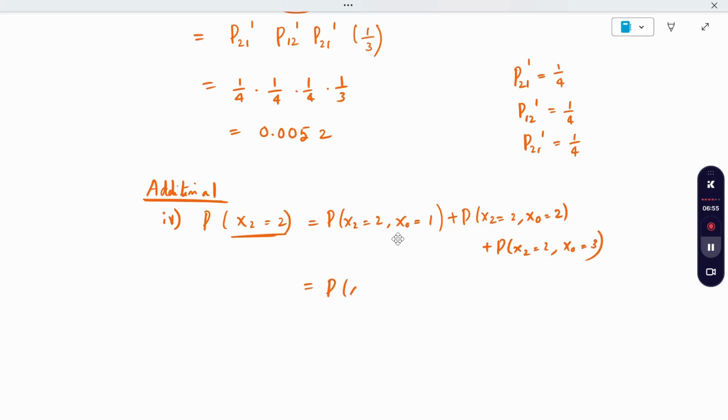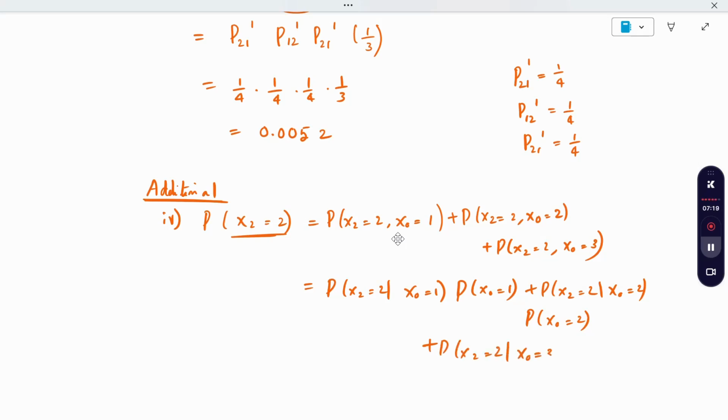So it's nothing but probability of x2 equal to 2 given x not equal to 1 into initial probability x not equal to 1. Same way when I expand it, probability of x2 equal to 2 given x not equal to 2 into initial probability of x not equal to 2, plus probability of x2 equal to 2 given x not equal to 3 into probability of x not equal to 3.